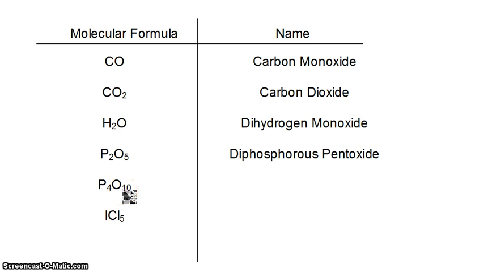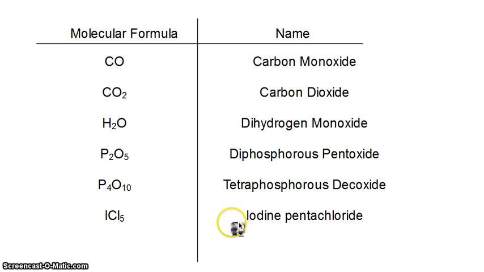If you've ever paid attention to the game of Tetris, every piece has 4 little blocks to it. So tetraphosphorus, and then 10 for the oxygen, decoxide. Finally, I is iodine, Cl is chlorine, and there are 5 of them, so penta. So iodine pentachloride.